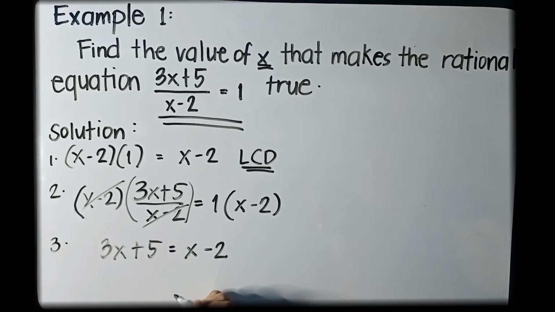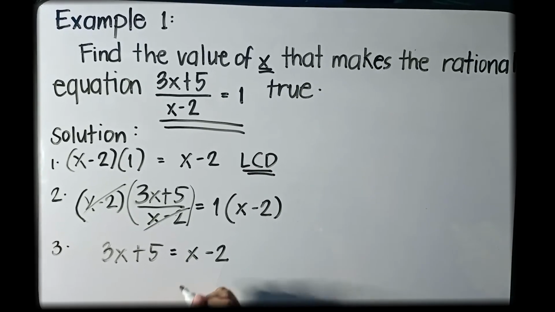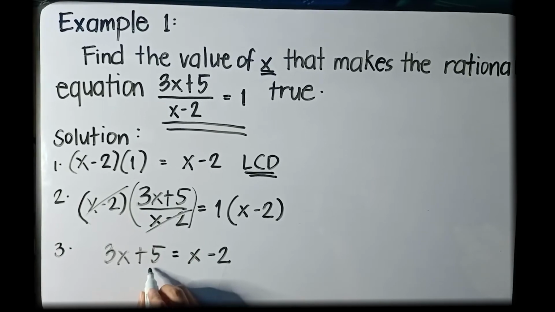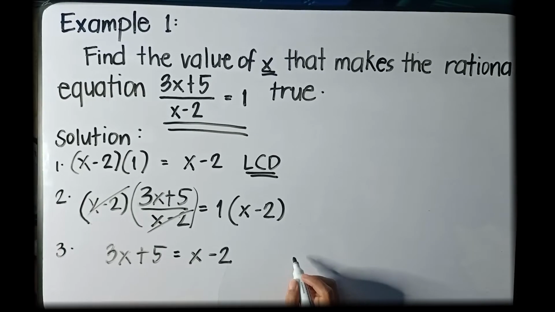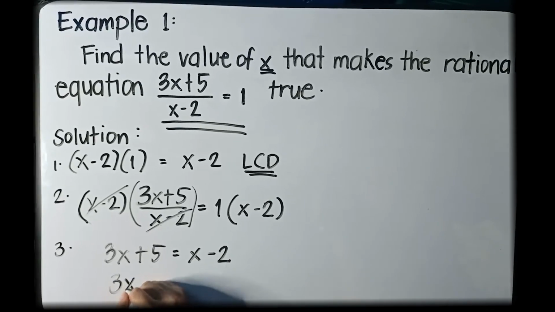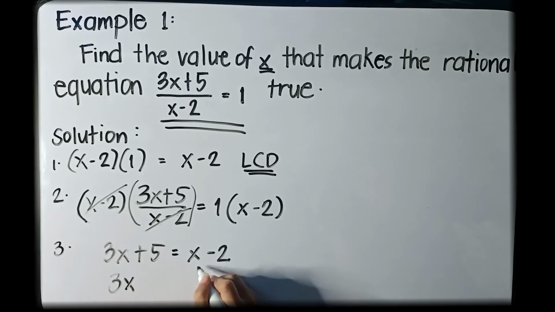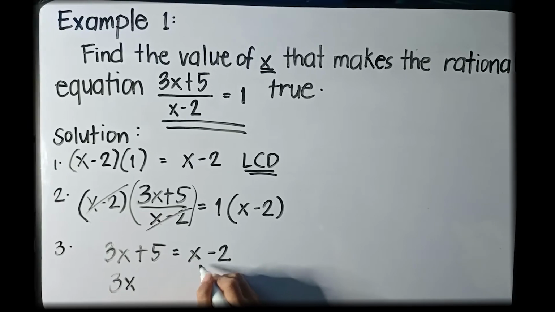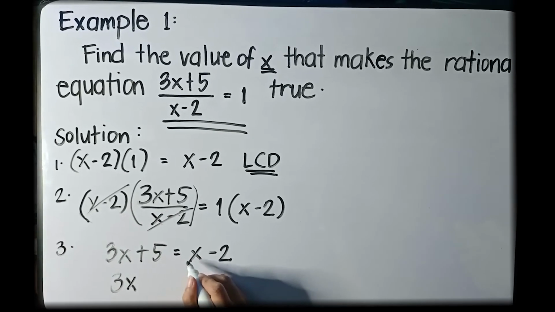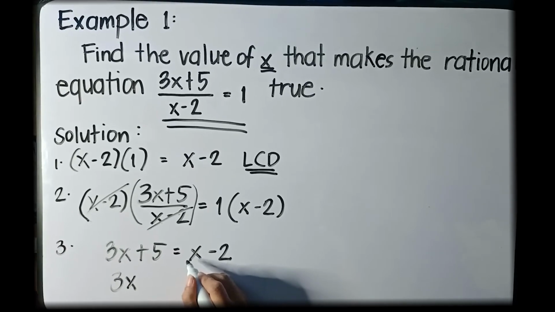Now, let us transpose the variables to the left side and the constants to the right side to simplify the equation. We have 3x here. Transposing the variable to the other side will make its sign negative.